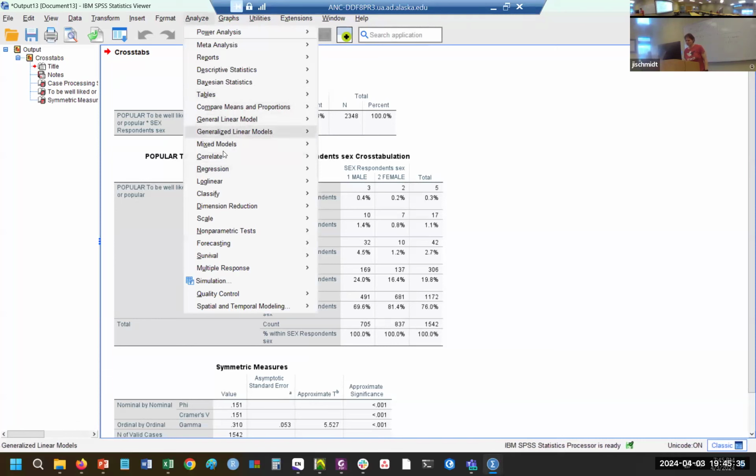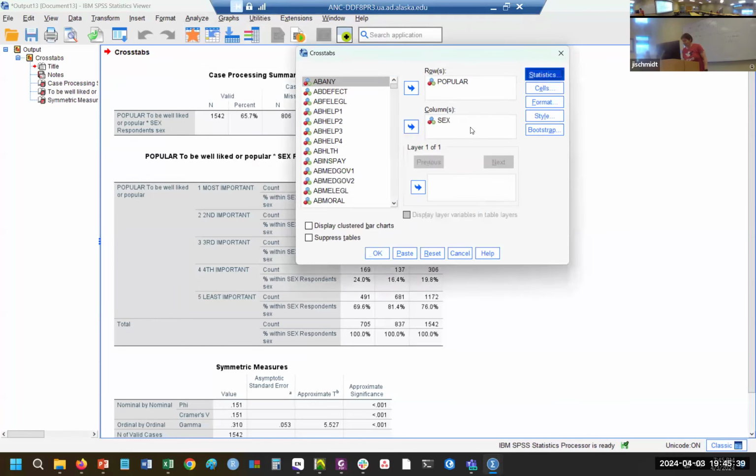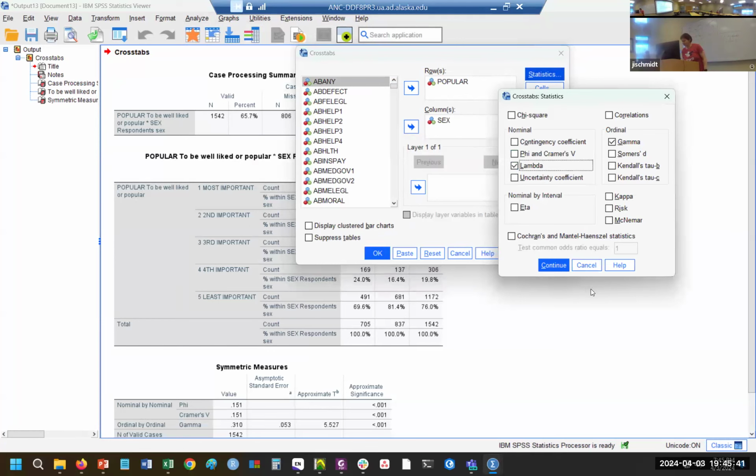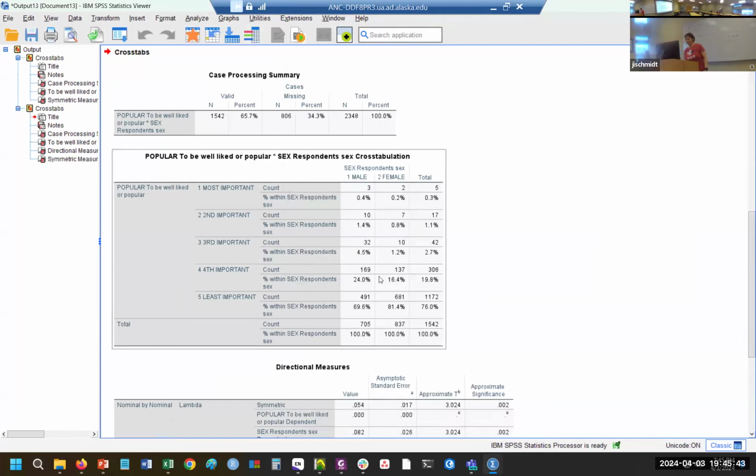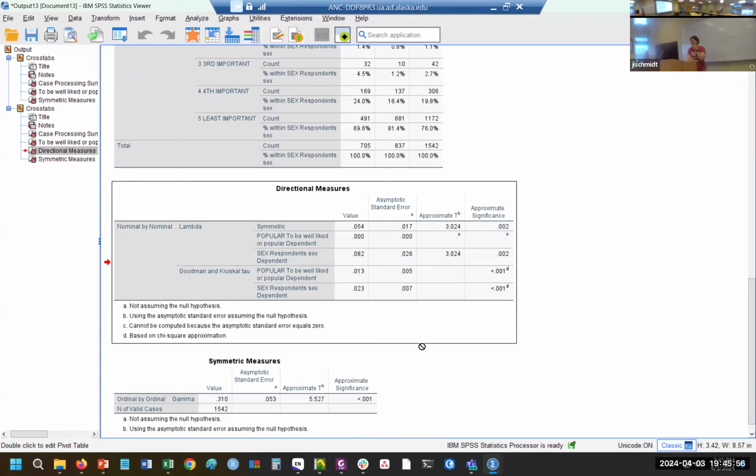So analyze, descriptive, crosstabs, statistics. I would do the lambda, yep. And then we take a look at it. And the value looks like it's 0.082.